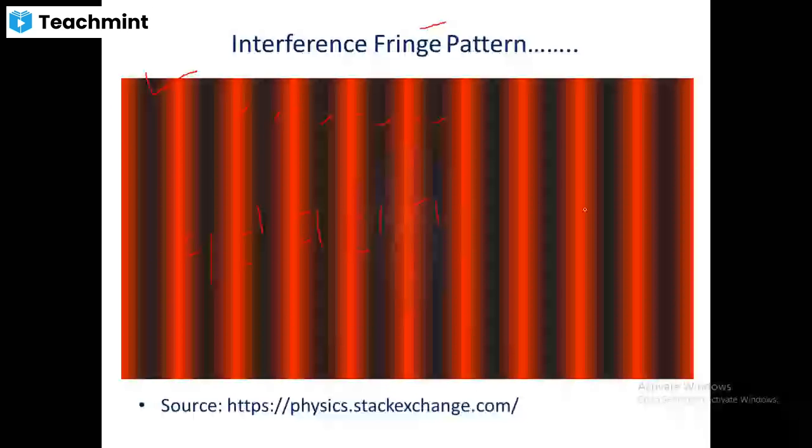These are the interference fringe patterns. When you do experiments based upon interference in the laboratory, this is the kind of fringe pattern we obtain. If you observe this fringe pattern, we come to know that the light is not distributed uniformly. If everything is red, it's a uniform distribution. If everything is black, it's a uniform distribution.